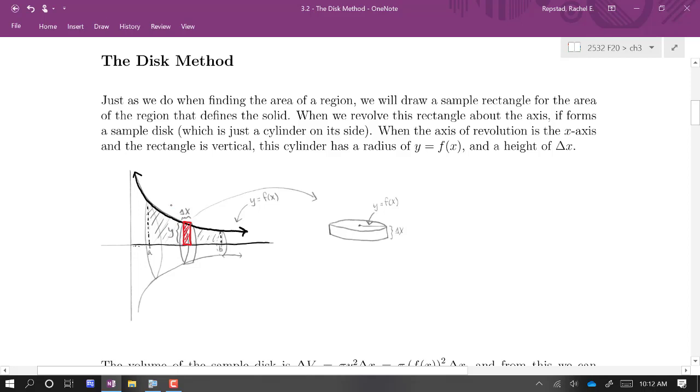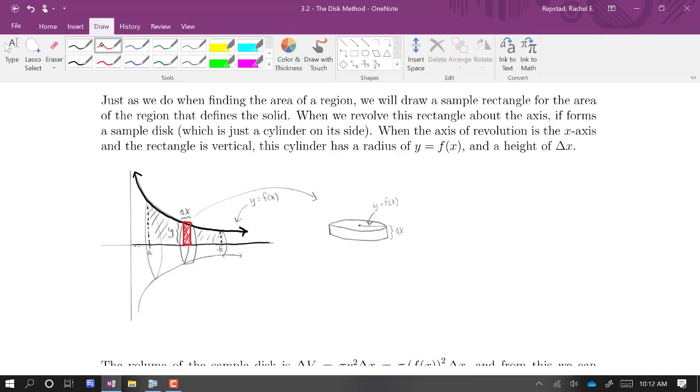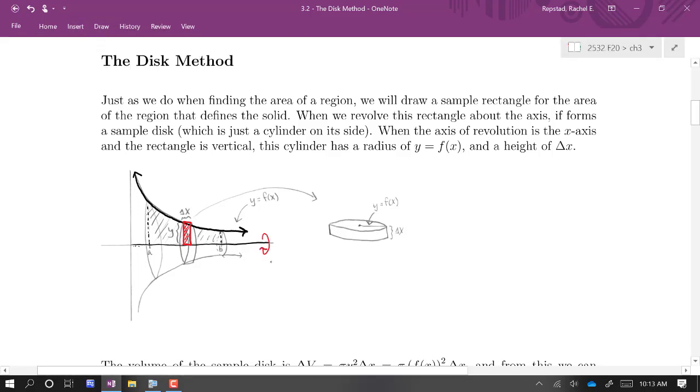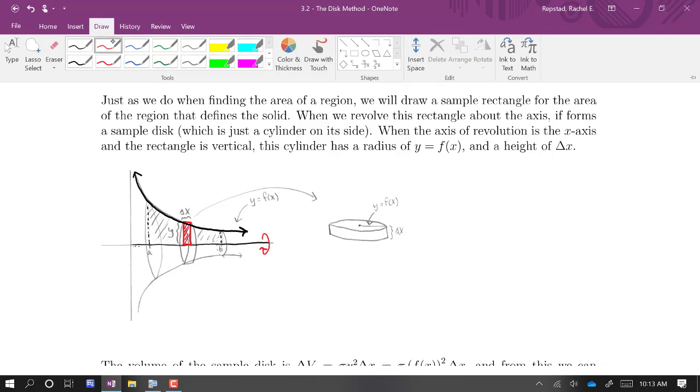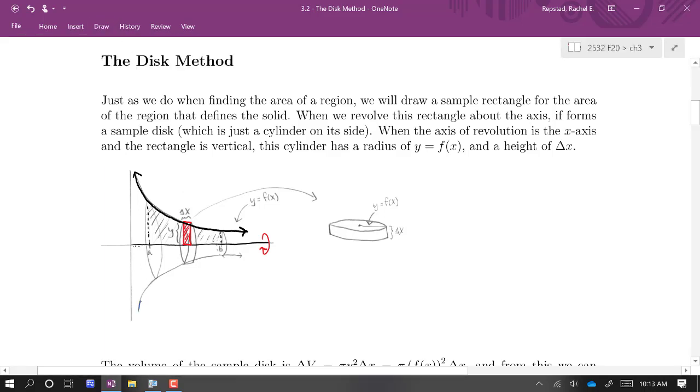Now, because we want to find the volume, because we're working with a solid of revolution, the actual solid is what we get when we revolve this whole region, the shaded region, about the x-axis. So there's our axis of revolution. And we get this kind of horn-shaped region here, this horn-shaped solid.